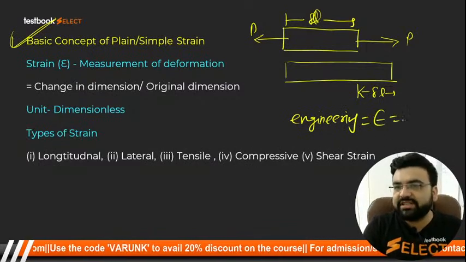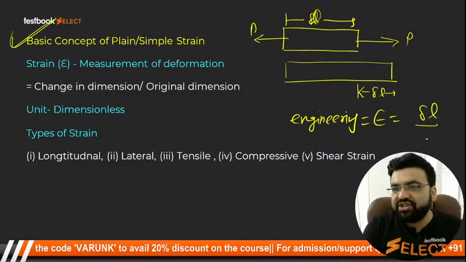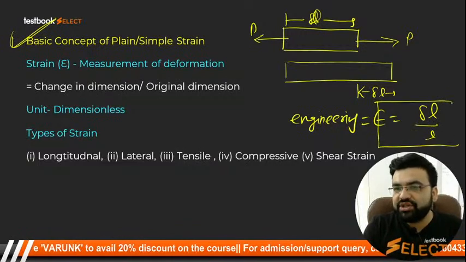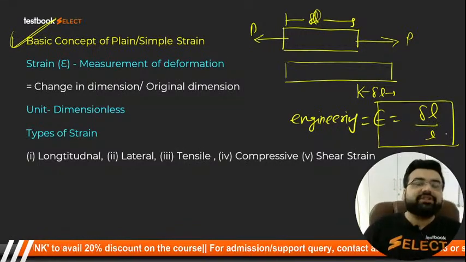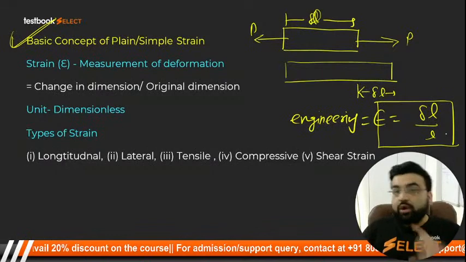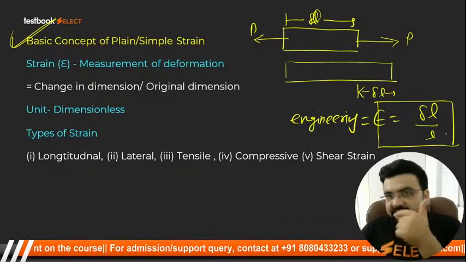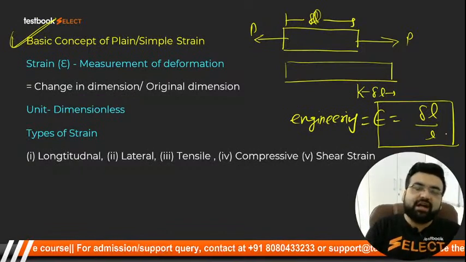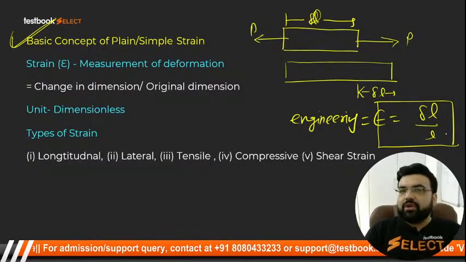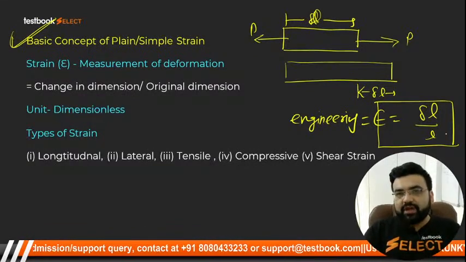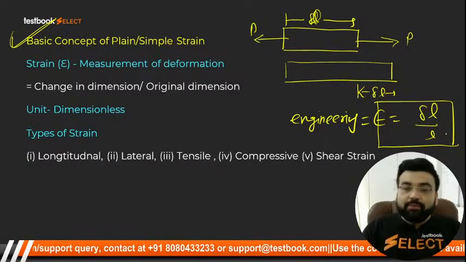That is, epsilon is defined as change in dimension upon the original dimension. This is what the engineering strain is. That is, the original dimension that you took and the dimension that is changing. I hope you are getting it right.